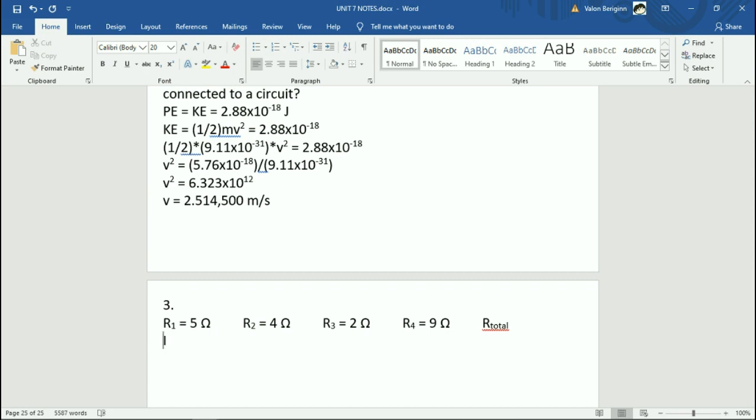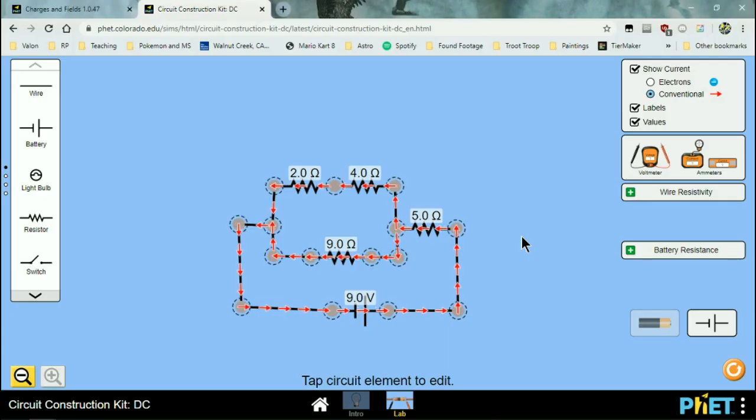We also want I1, I2, I3, and I4, which we don't know, and we want I total. We know V total is 9 volts. So we want to try to solve for everything else here.